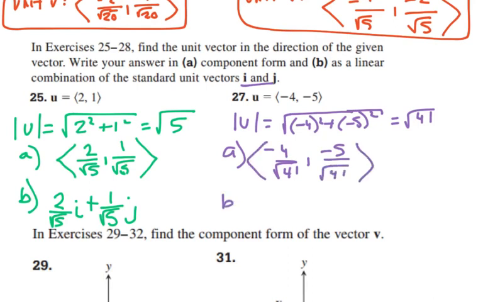And then for our linear combination, we're going to have -4 over the square root of 41 with an I next to it, and then I guess we can do minus because we're subtracting the 5 over the square root of 41, and then a J.